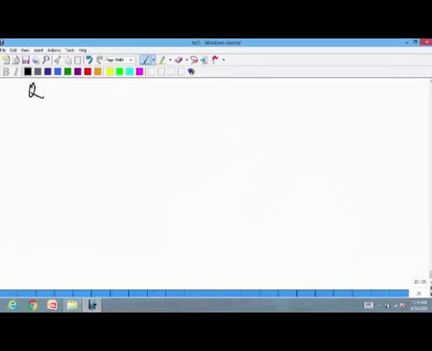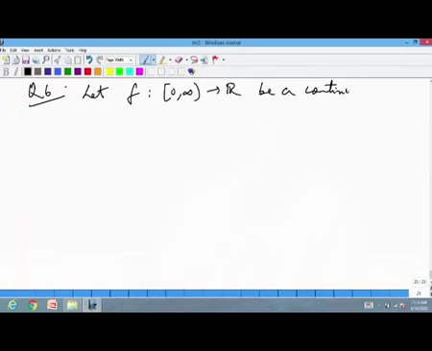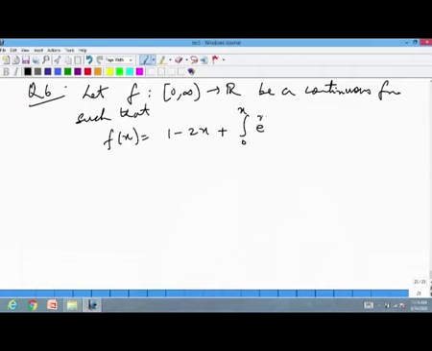Let us do question number 6. Let f from 0 to infinity to R be a continuous function such that f(x) is equal to 1 minus 2x plus the integral from 0 to x of e to the power x minus t times f(t) dt for all x belonging to 0 to infinity.